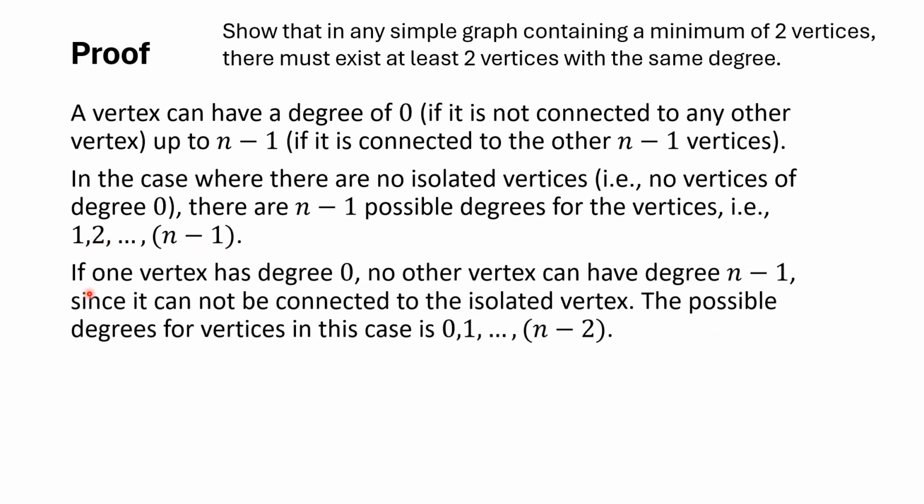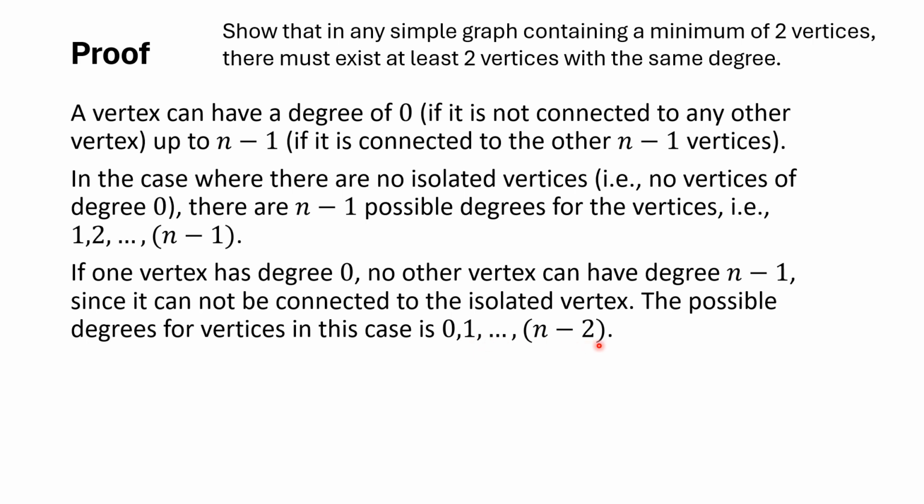Then the other case is where there's at least one vertex of degree 0, but that would imply no other vertex could have degree n minus 1 because it wouldn't be able to connect to that vertex of degree 0. And so the possible degrees in this case would be 0, 1 up to n minus 2. So in this case, we have n minus 1 possible degrees, but n vertices.